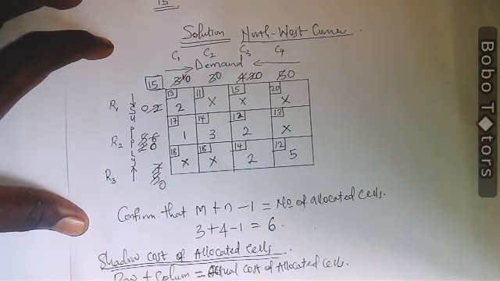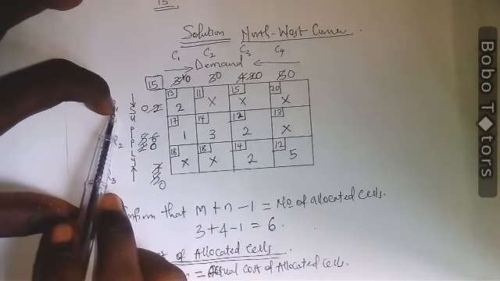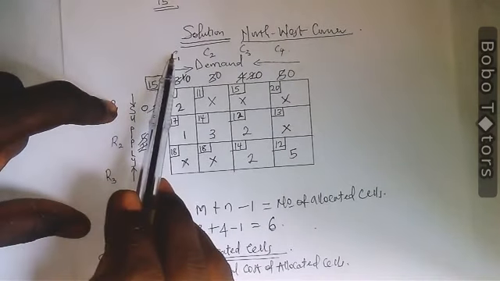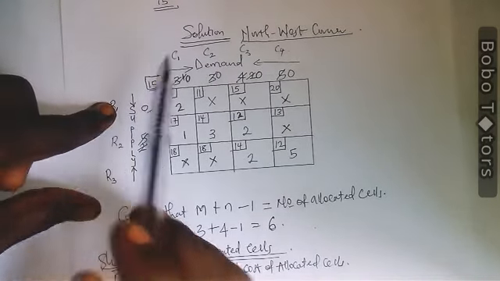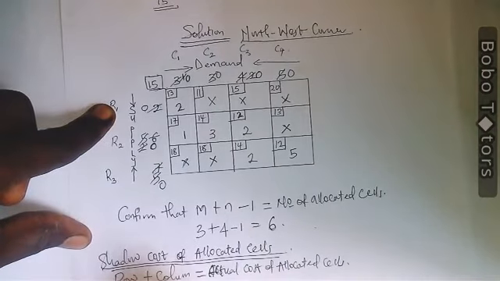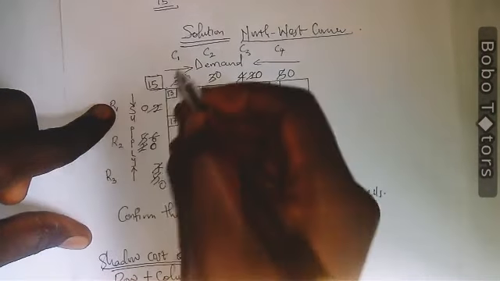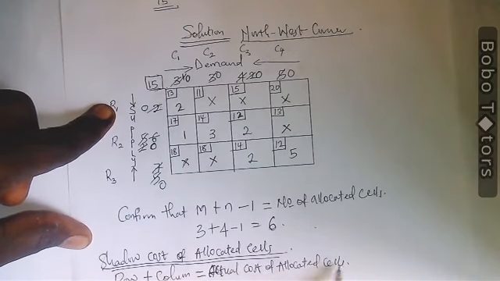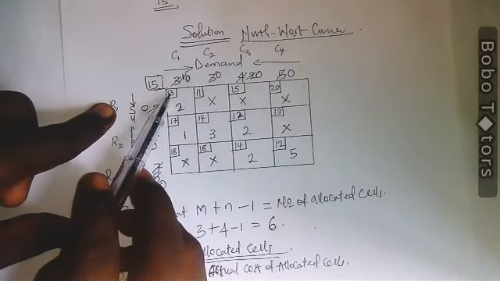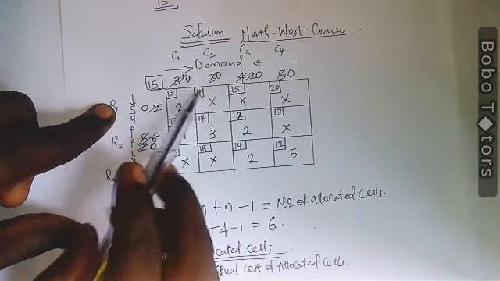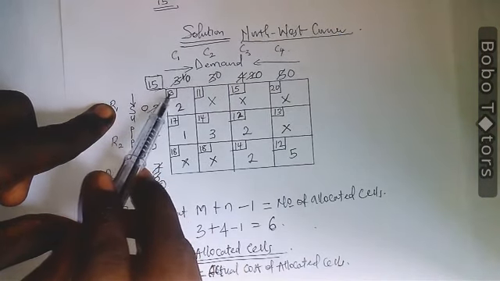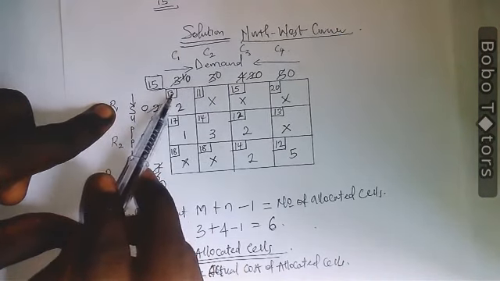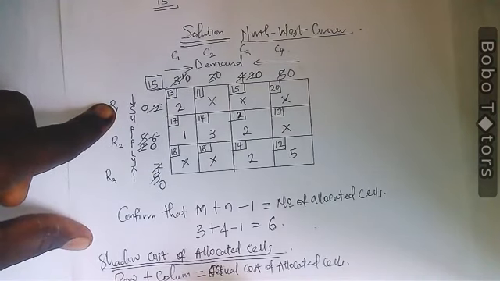Can you see? The first one is row 1 column 1. I said row 1 plus column 1 must give you the actual cost of allocated cells. The actual cost is these small figures that are here, the cost of transportation. Row 1 column 1 is 13, so you write 13 there.